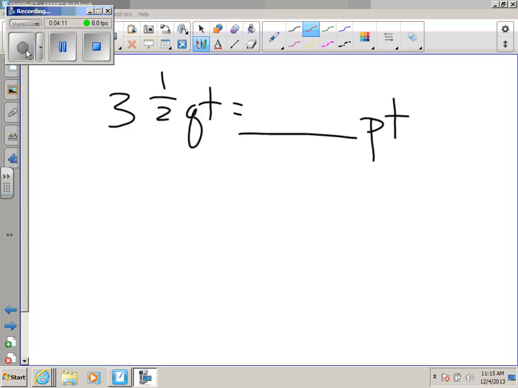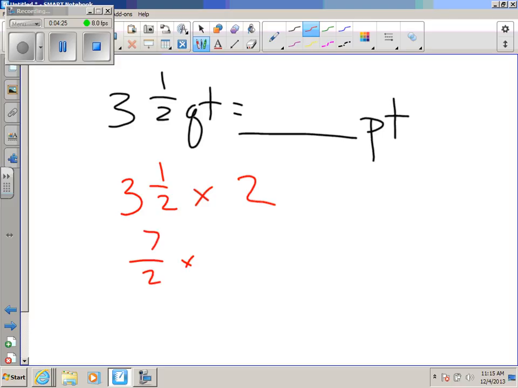Down, which means multiply. 3.5 times how many pints are in a quart? 2. So when we see it like this, put it into improper fraction form. 7 over 2 times 2 over 1 equals 7 pints.